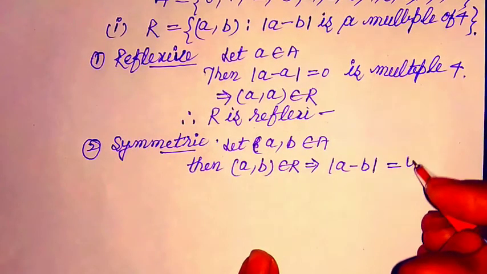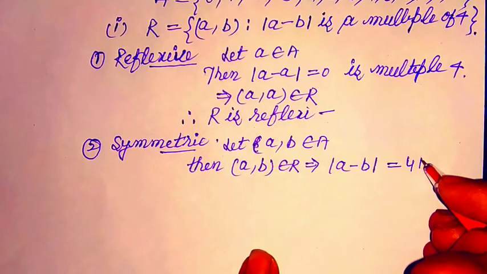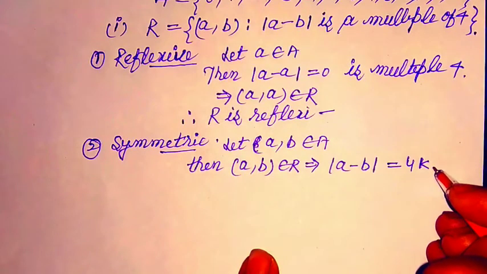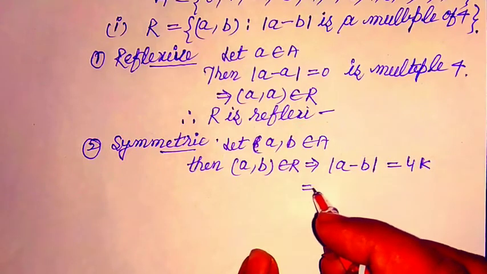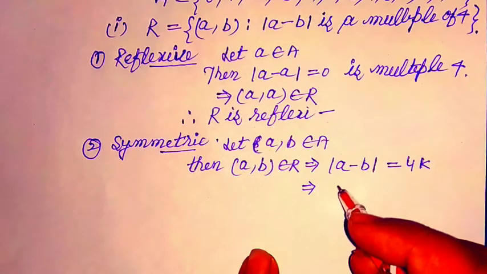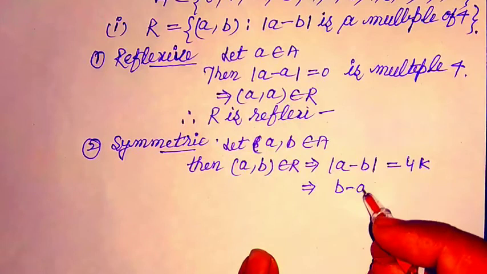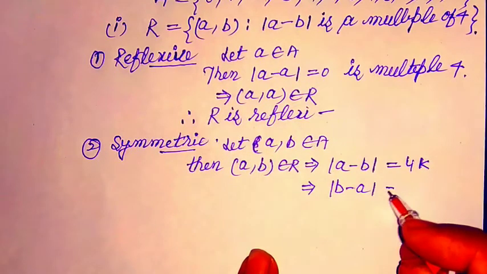We can write here 4k1, it is a multiple of 4. If we write here b minus a, it is also a multiple of 4.